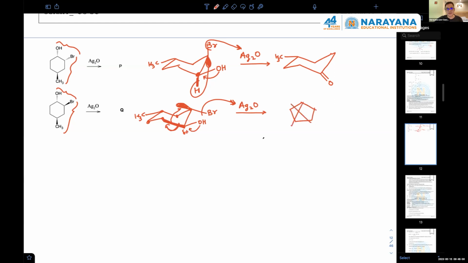Okay, I'll show this in the same manner. Like this. Here we are getting this C double bond O, and here we are getting methyl. So 1, 2, 3.